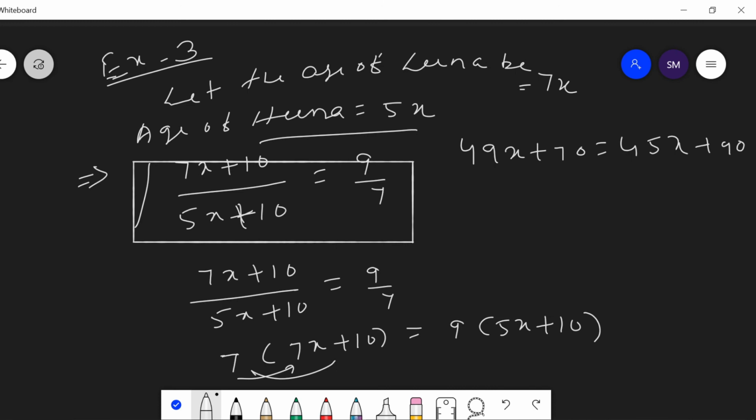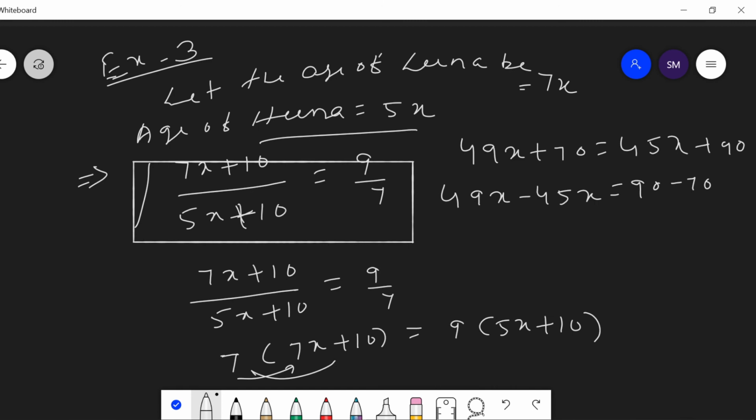Then when you solve linear equations, I have already told you, keep the variables on one side and take the constants on one side. Then when you shift LHS to RHS, the sign will be changed. Positive becomes negative, negative becomes positive.